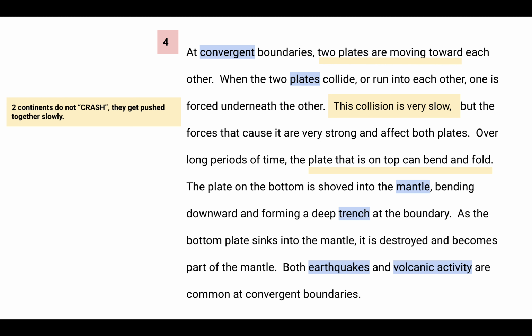So the top plate actually tends to get a little bit thicker. You could have mountains being formed in this way. So the plate that's on top bends and folds, and the plate on the bottom is shoved into the mantle, bending downward and forming a deep trench in the boundary.